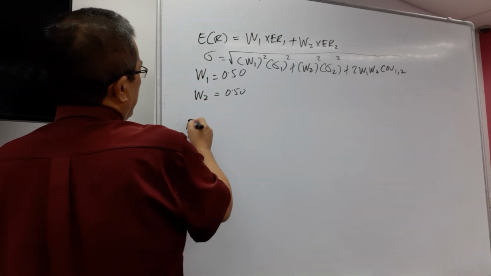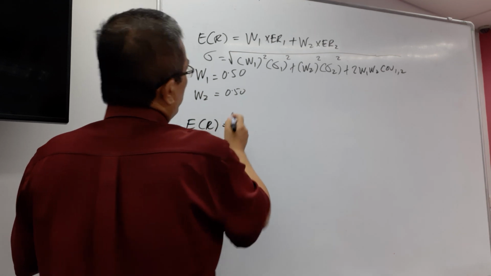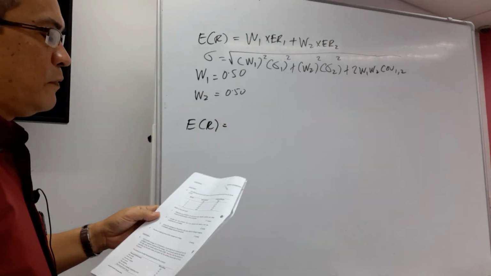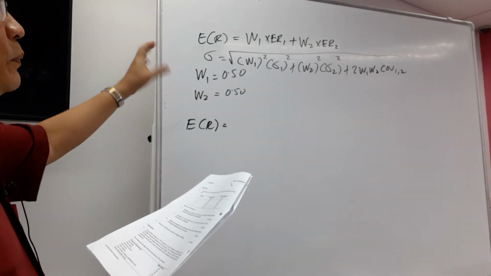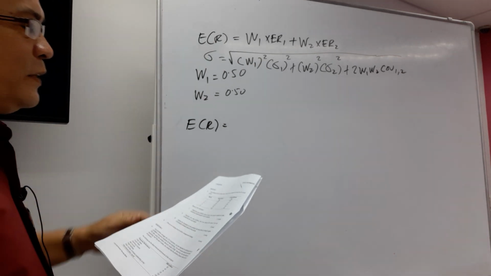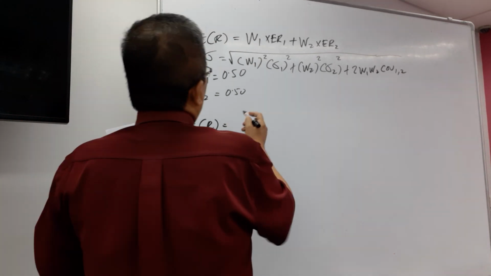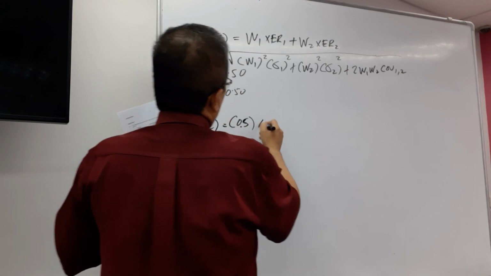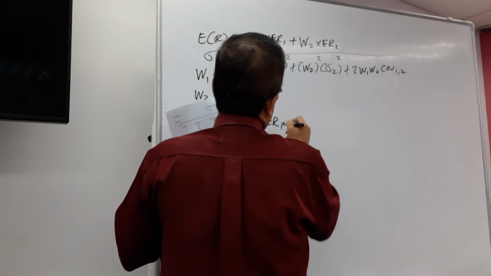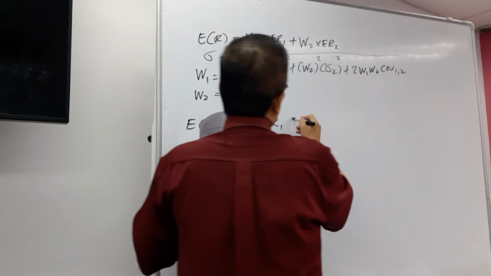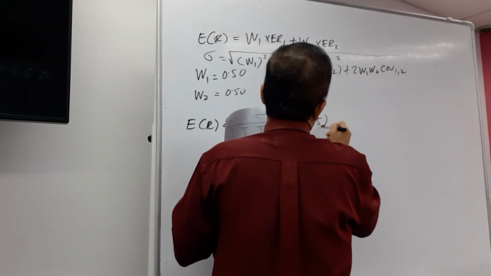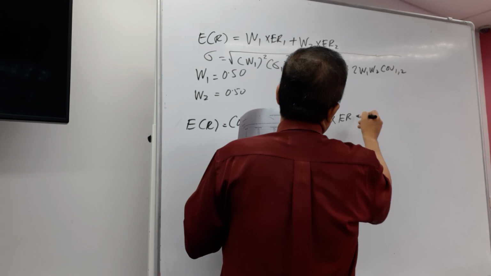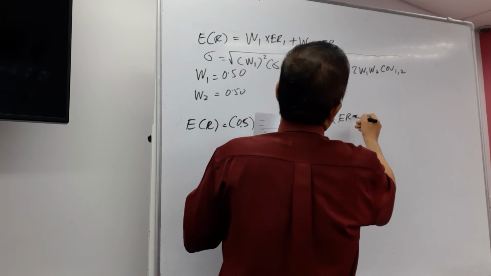To calculate the expected return of the portfolio, of course, we need to calculate both returns, Kailis and Corelis. W1 is 0.5 multiplied by expected return of Kailis plus W2 is 0.5 multiplied by expected return of Corelis.